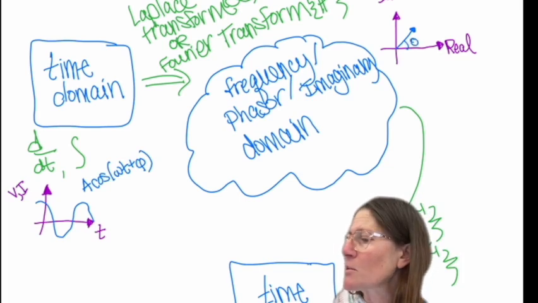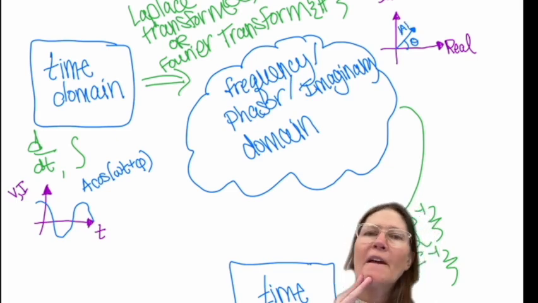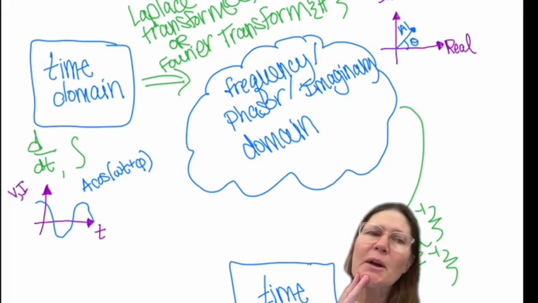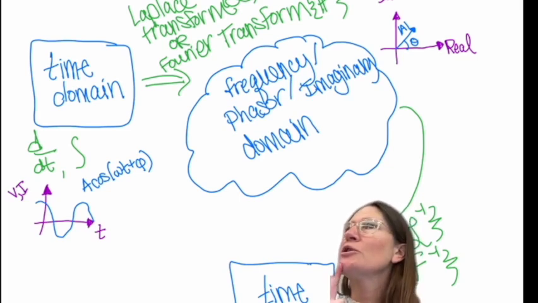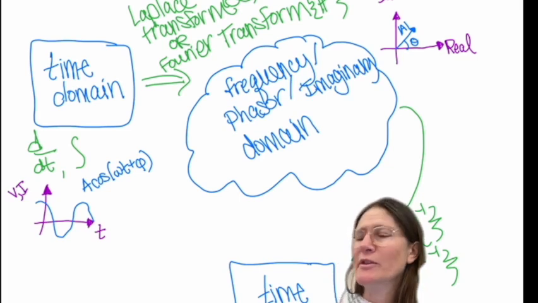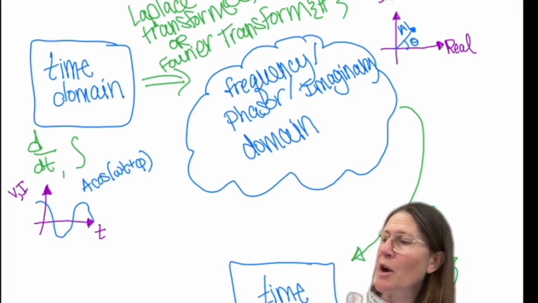And then this is going to be theta, and this is going to be your magnitude A. So that's how they're relating, is that we're changing from a cosine into this vector. Does that help visualize it better? Okay.